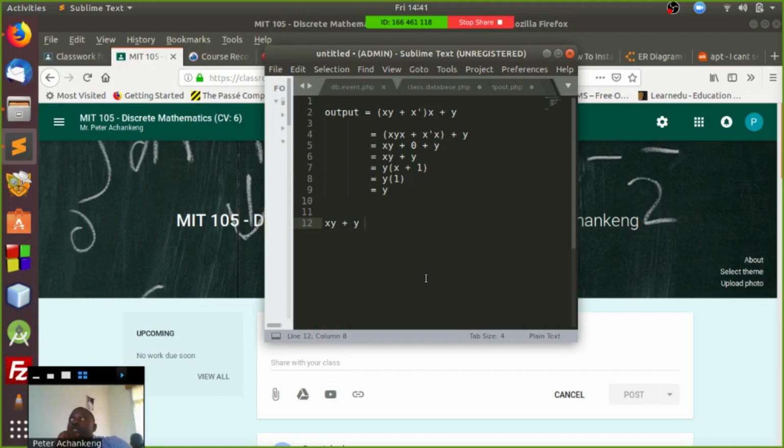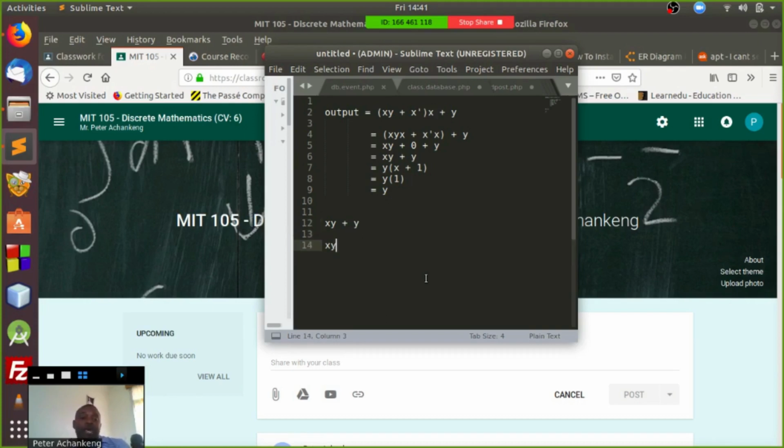It is not in the disjunctive normal form because each and every term of this expression doesn't contain all of the variables, or at least a complement of the variable. Are we there? So xy plus y is not in disjunctive normal form.